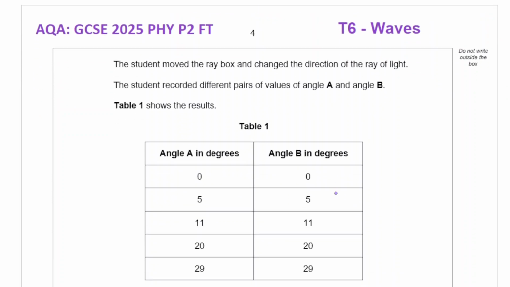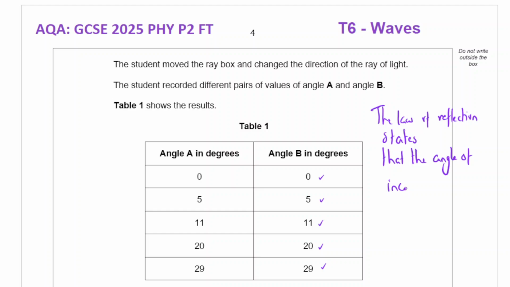Now, looking at the table, angle A in degrees and angle B in degrees, they are actually the same angles, which should be correct because the law of reflection states that the angle of incidence, which is A, is always equal to the angle of reflection.